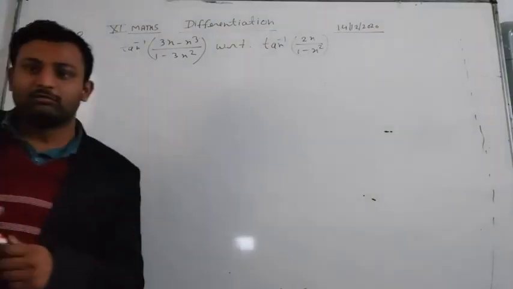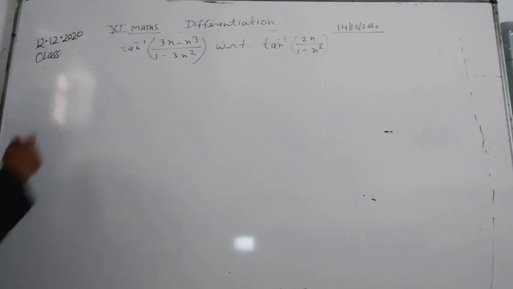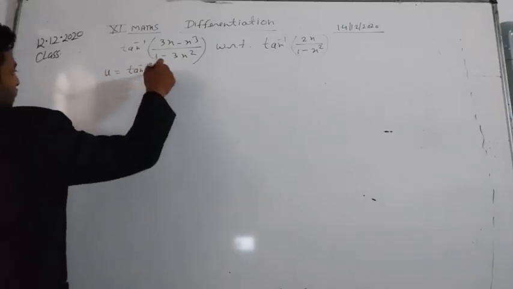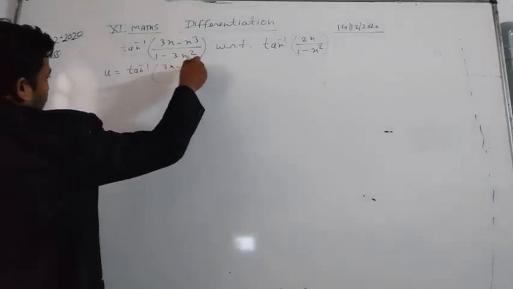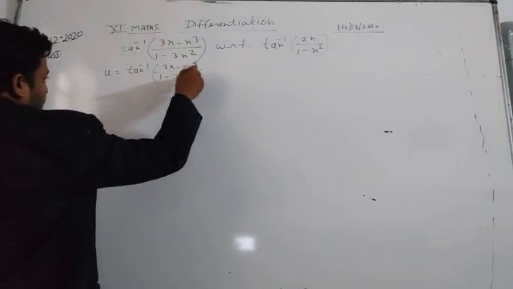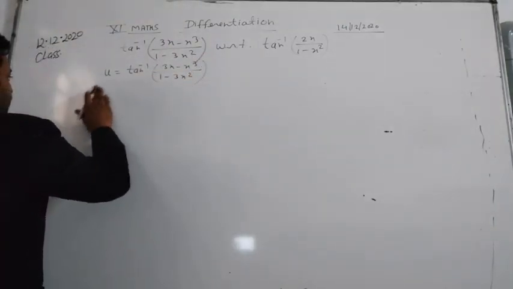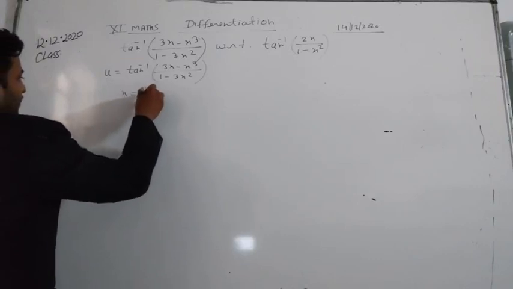Okay, student, now we will suppose that this term is our v. So let u be tan inverse 3x minus x cube by 1 minus 3x square. So let x is tan theta.